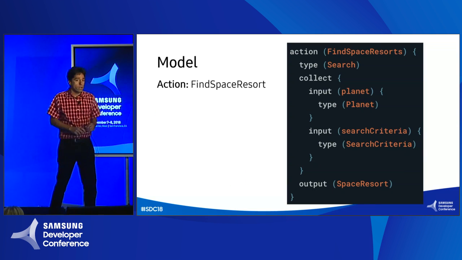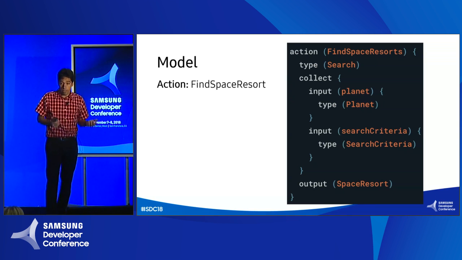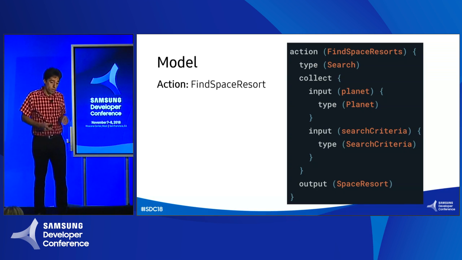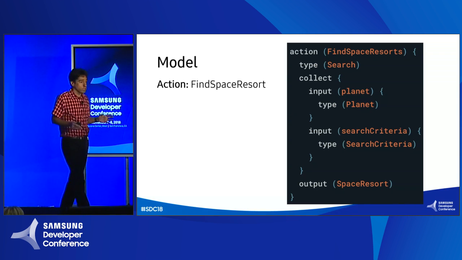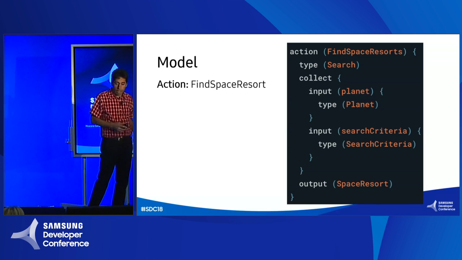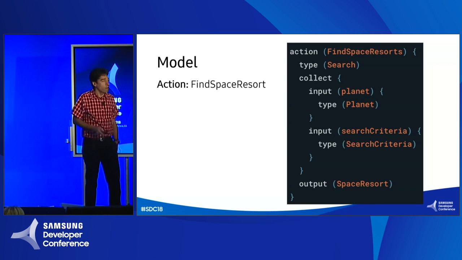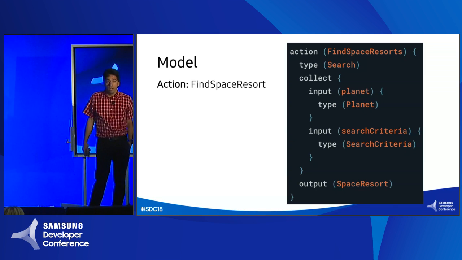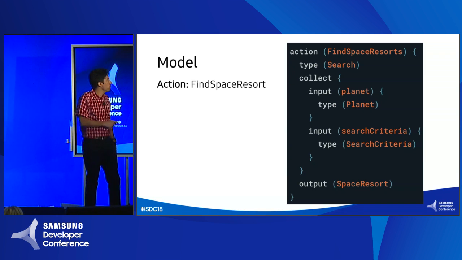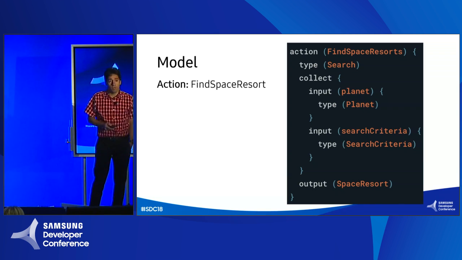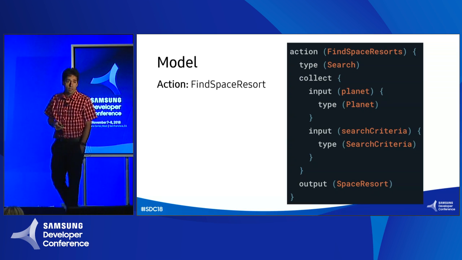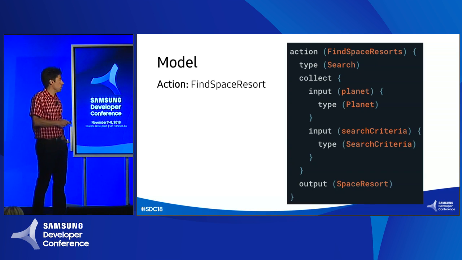At the heart of a model are our actions. So for the find space resort use case, we can define an action, find space resort. Each action needs to have a type. So search is one of the types that we can assign to our actions. And each action needs to have an output.